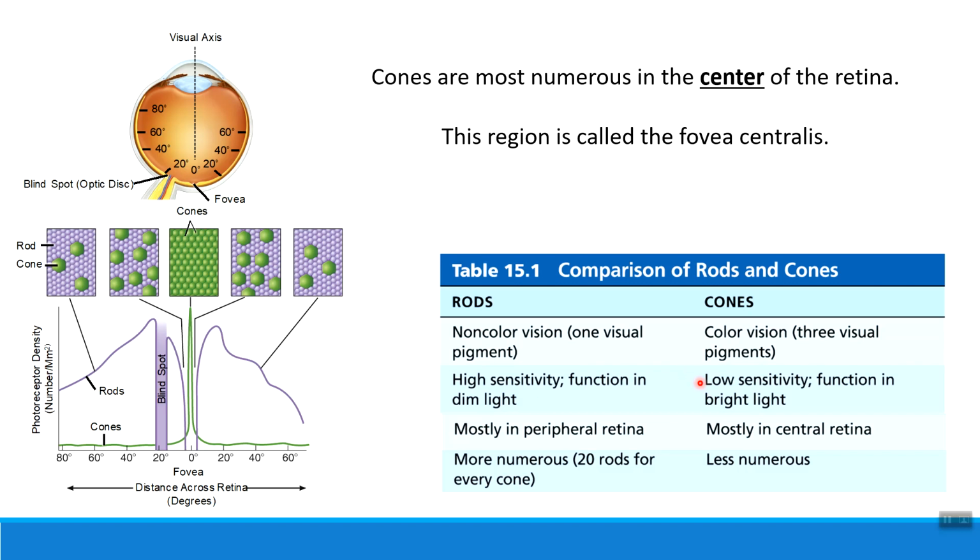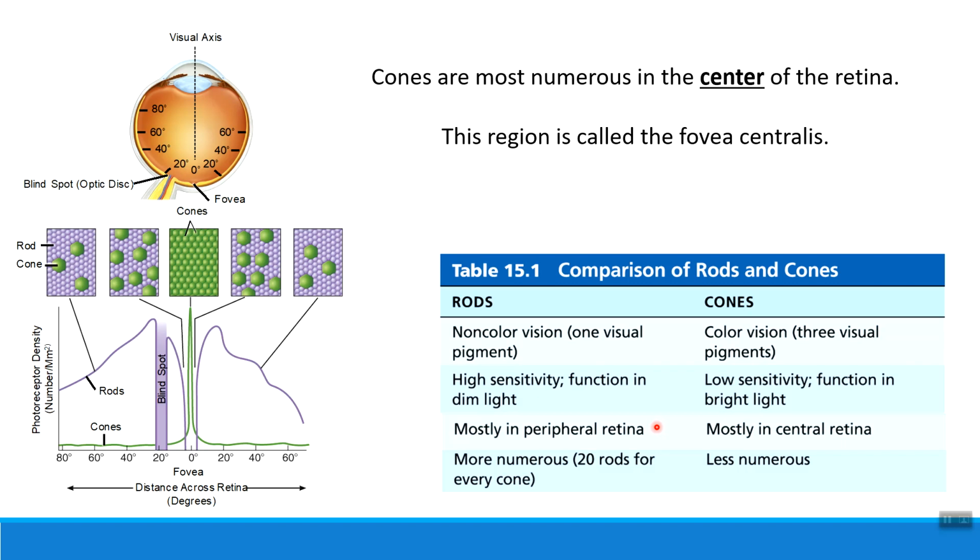Cones are low sensitivity, meaning they need lots of light, where rods can focus in dim light. Remember that cones are what we find in the very center of your vision, the fovea centralis, whereas rods will fill up most of the peripheral parts of your retina, most of the parts on the side.